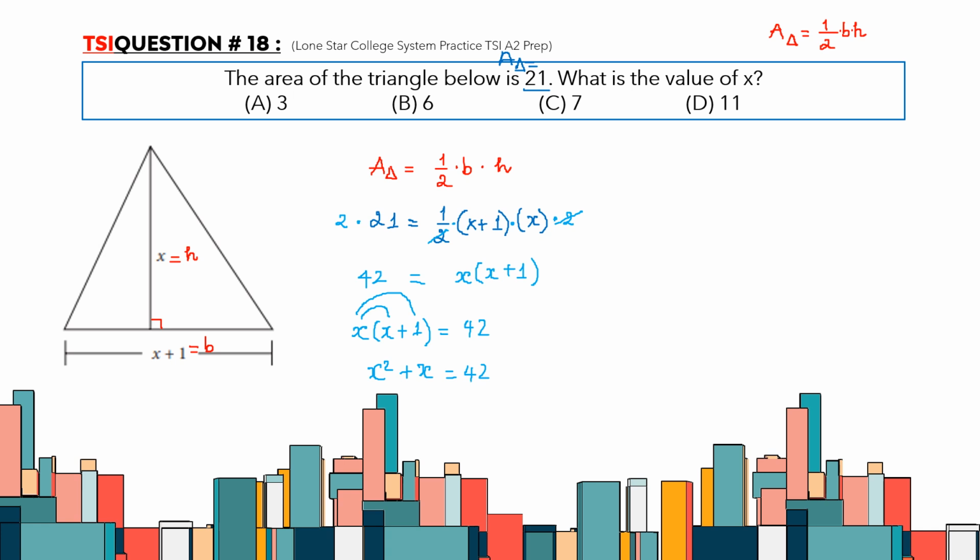Now I will move the 42 to the left hand side, so I'll subtract 42 from both sides. On the left hand side, this will be x squared plus x minus 42 equal to 0. 42 minus 42 is 0.